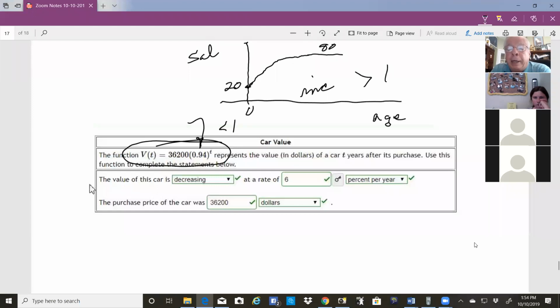So the value is decreasing at a rate of 6%, right? Because 1 plus R is equal to 0.94. So R is equal to minus 0.06. So it's decreasing at a rate of 6% per year. And you would say the purchase price of the car was the starting value you see in front.